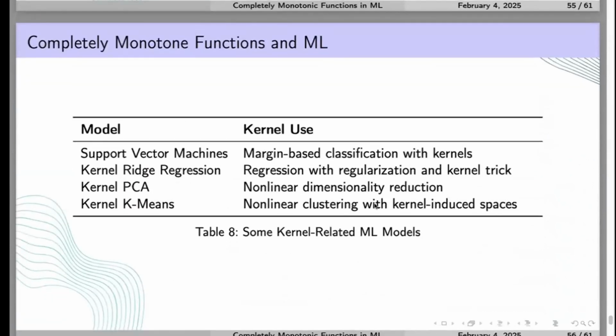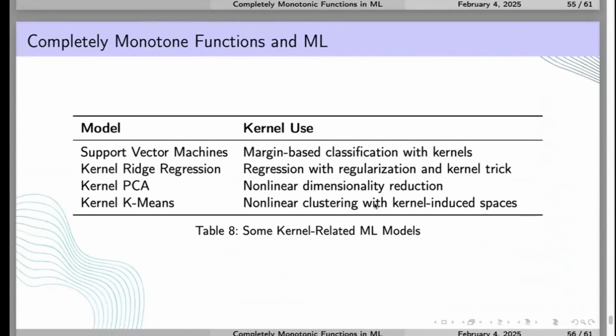Now for other research topics related to completely monotone functions and machine learning, there is a long list of models, of course. But here, I brought the most interesting topics for me as a mathematician: support vector machines, kernel ridge regression, kernel PCA, and kernel k-means algorithms.